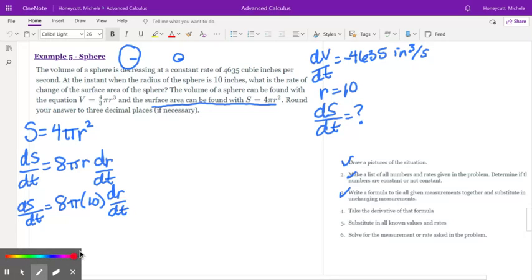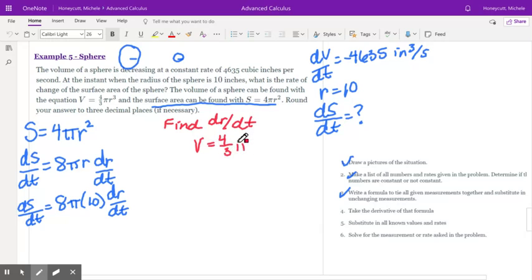Okay, so let's go over here. I'm going to find dr/dt. Well, the other formula I have information about is the volume. Volume equals 4/3 pi r cubed. Again, the volume changes, the radius changes, don't substitute in anything.